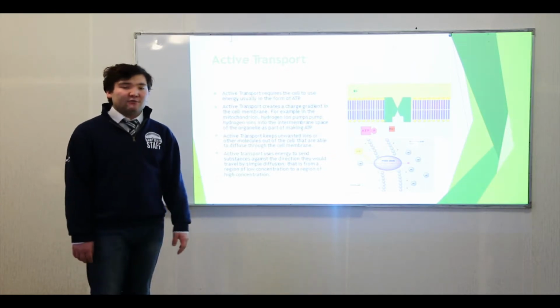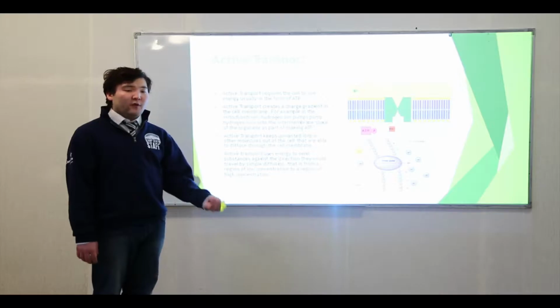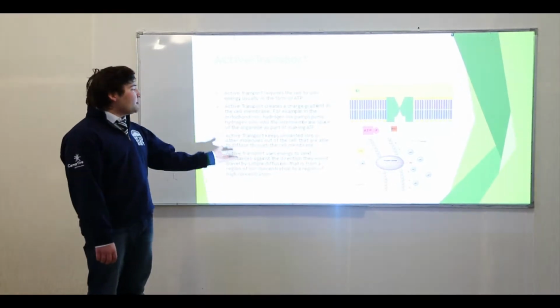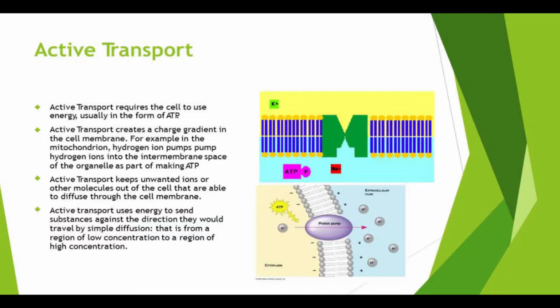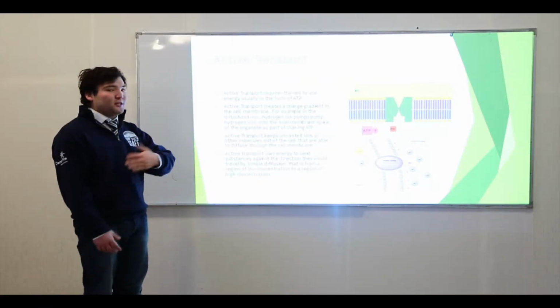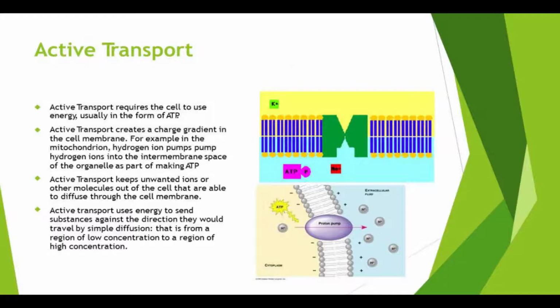Next. So, now we know all aspects of passive transport. Let's talk about active transport. Active transport requires the cell to use energy, usually in the form of ATP. So, active transport creates a charge gradient in the cell membrane. For example, in the mitochondrion, hydrogen ions are pumped into the intermembrane space of the organelle as part of making ATP.